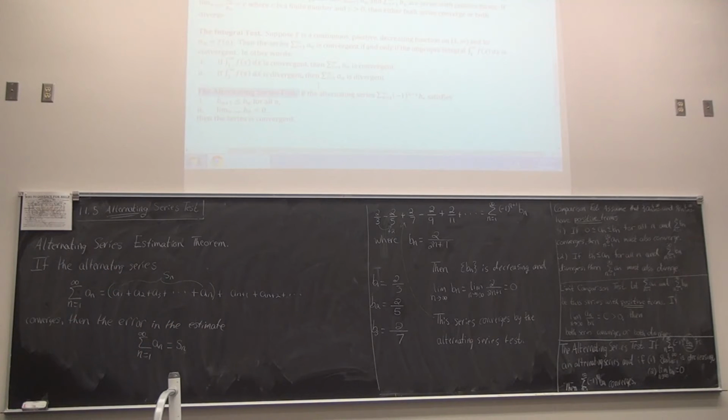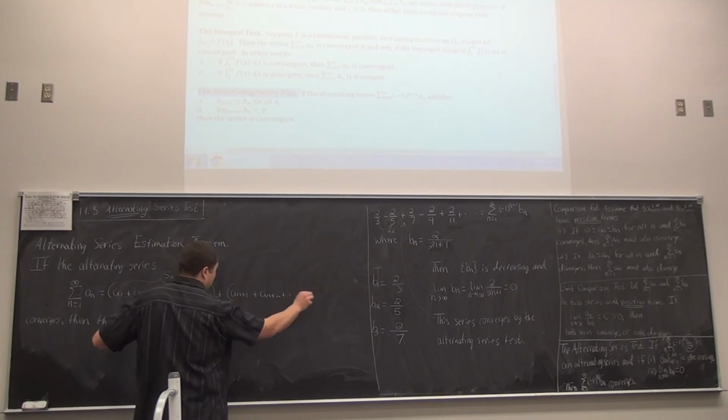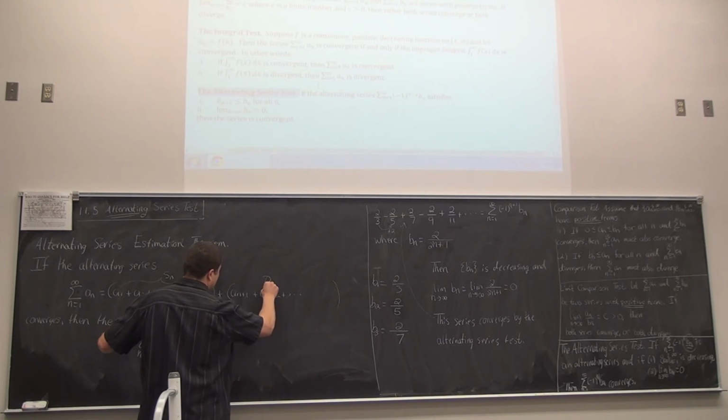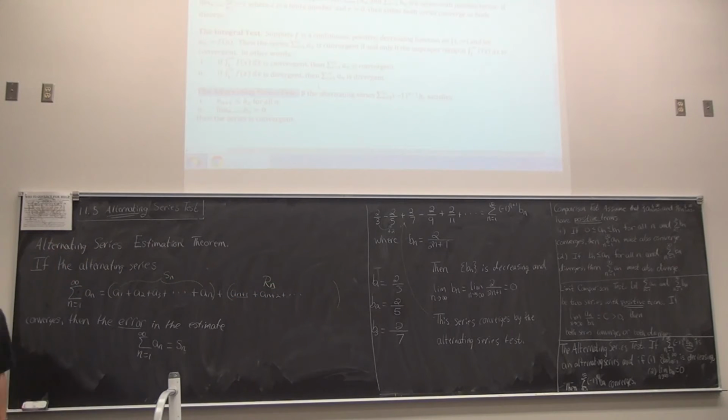So if we want to make that estimate, we have to say how good it is. Then that's what we are referring to by the error in the estimate. That would be all of this. Even though it starts at n plus 1, it is Rn, or the remainder of the series, after estimating with S sub n.